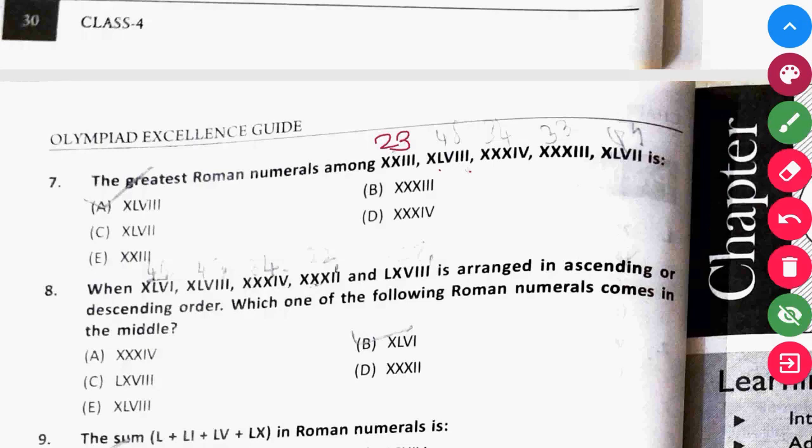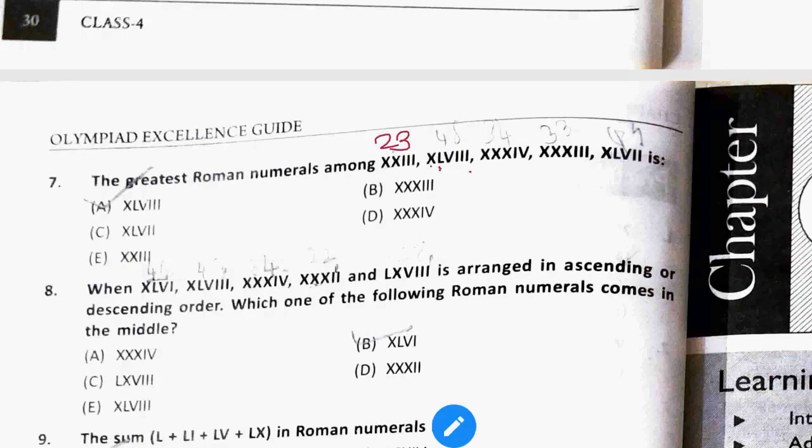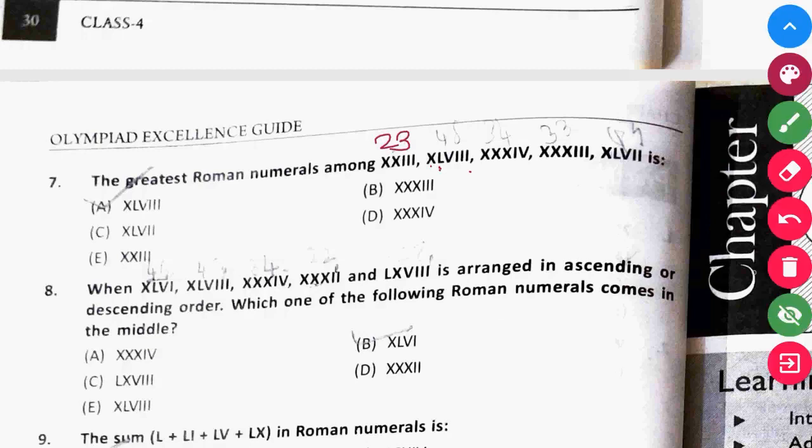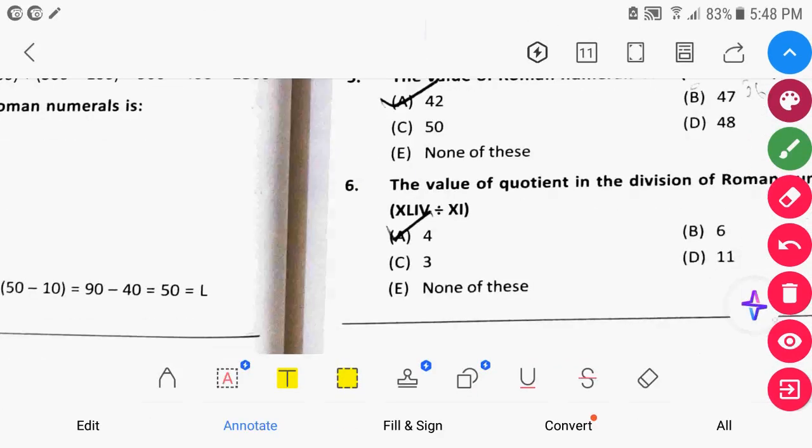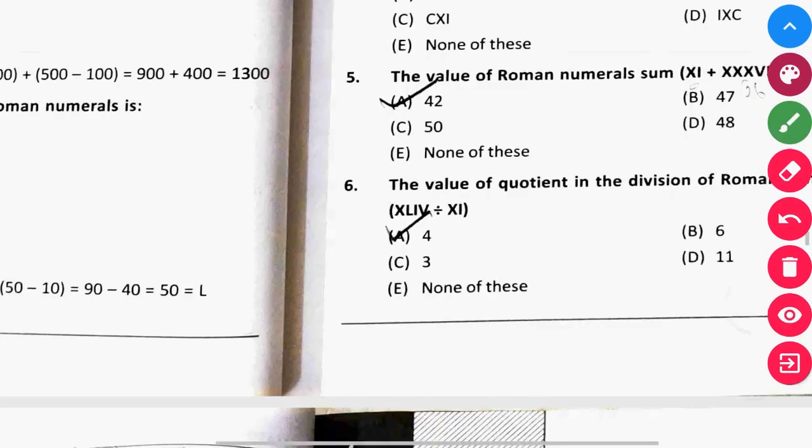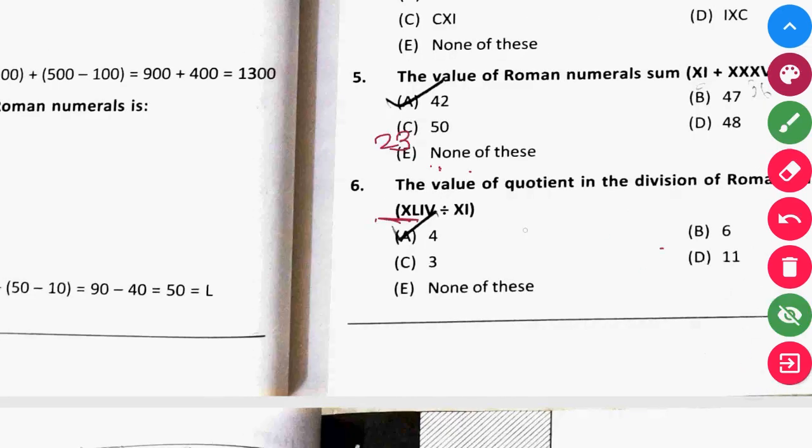XLIV: XL here, the smaller numeral is at the left side, so XL means 50 minus 10, that is 40, and 40 plus 4, that is 44.